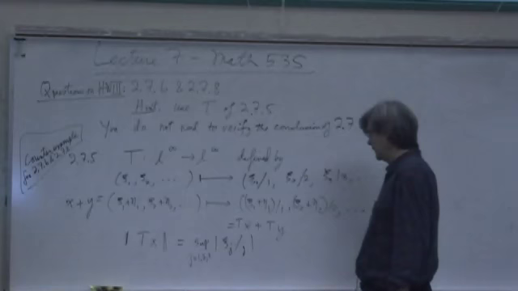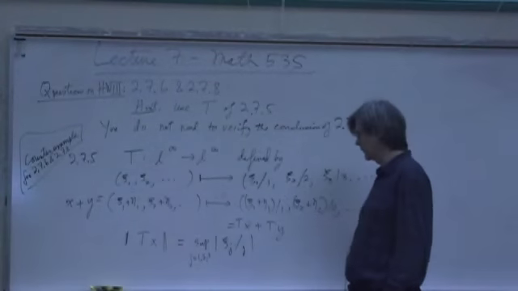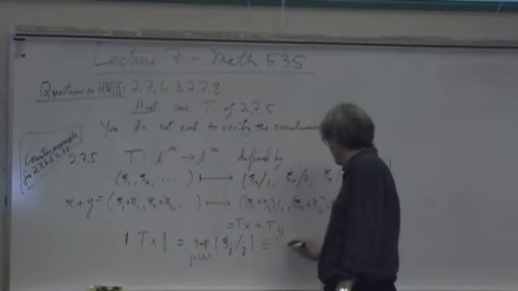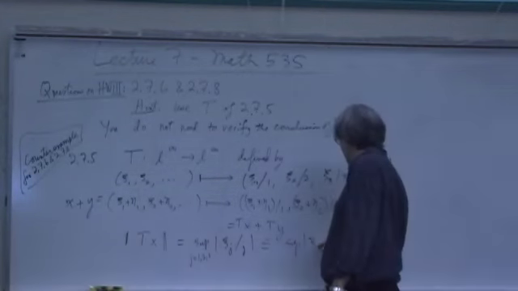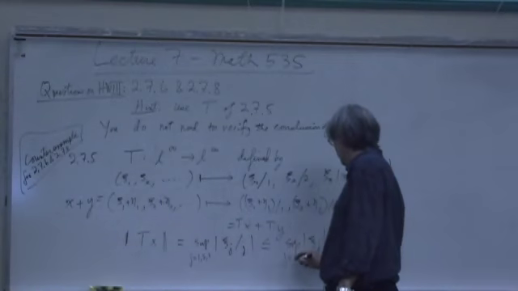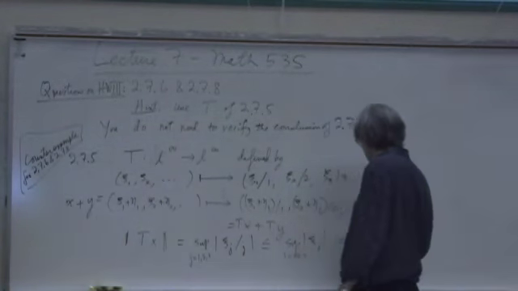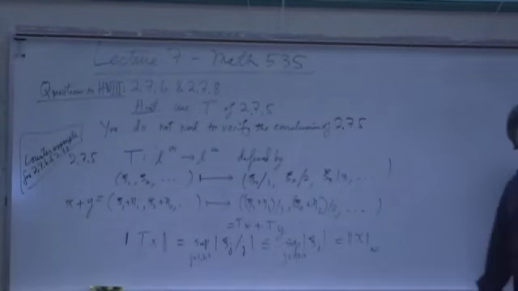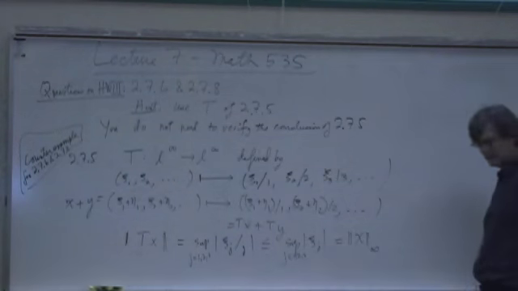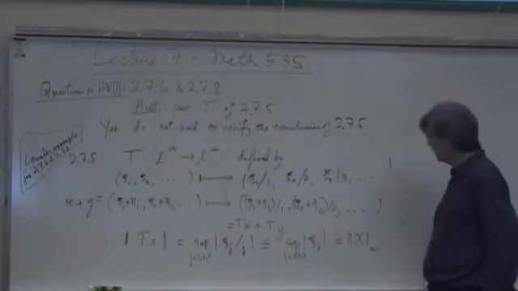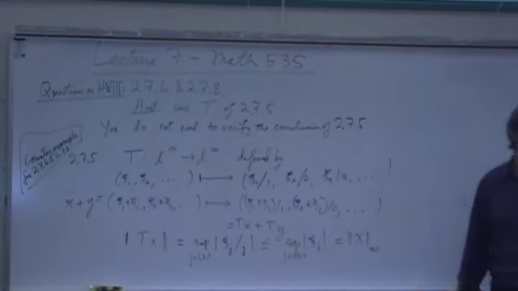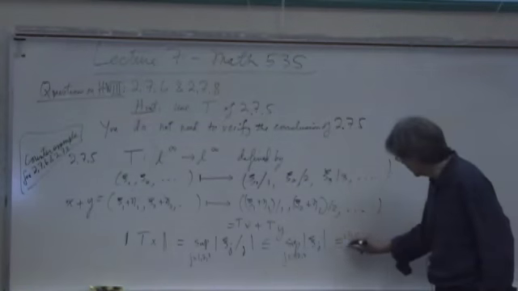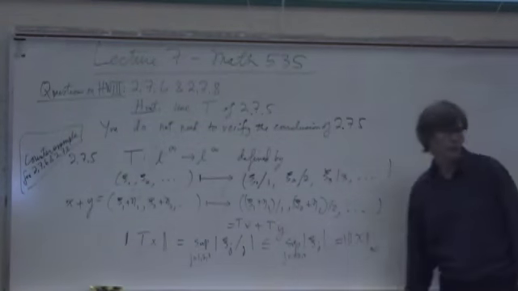So that's obviously less than or equal to the sup of the Cj's, j equals 1, 2, 3, and so that's of course equal to the norm of x in L infinity. So that means that the norm of T is at most 1 immediately. You get less than or equal to 1 times this, right? So that's a bound for the norm.